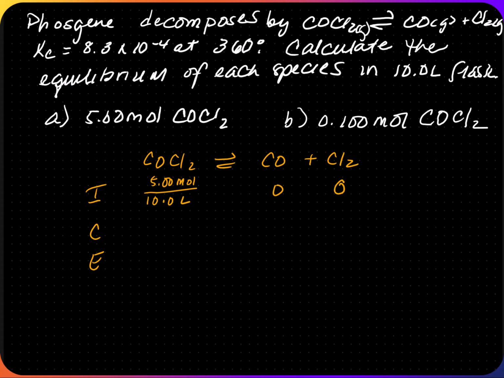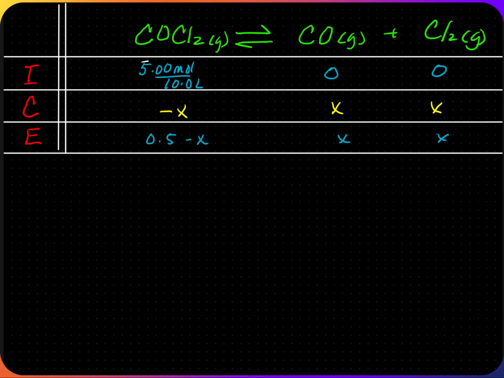My change is going to be minus x on my reactants, plus x on my products. So my equilibrium is the addition of I and C. This is going to be 0.5 minus x, plus x, plus x. This is for A, but B is exactly the same except my initial will be 0.1 over 10. So I just reorganized the table.